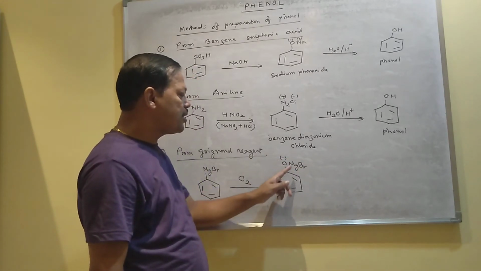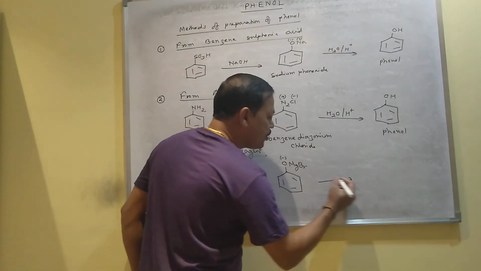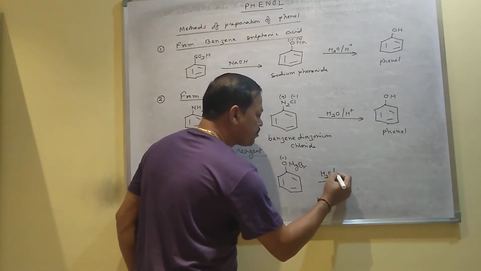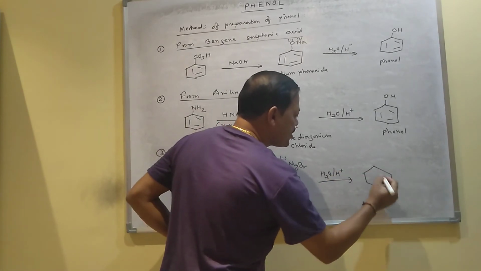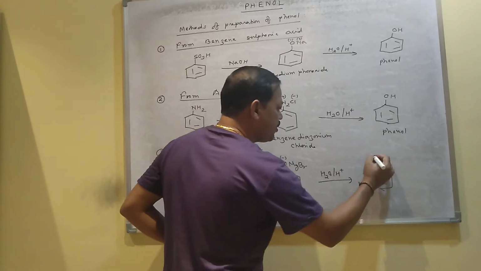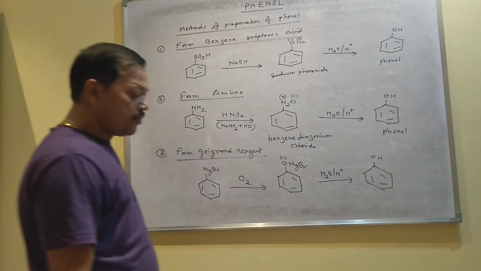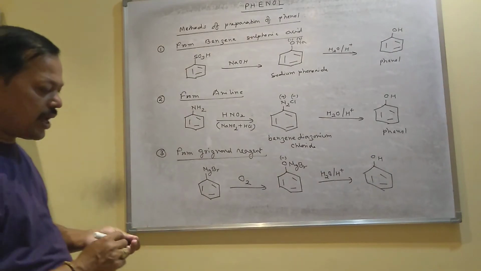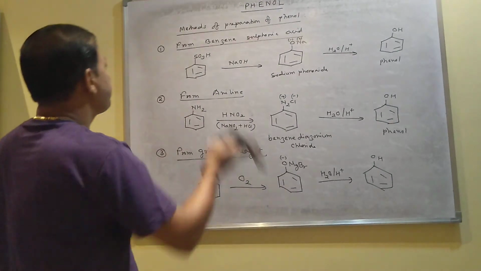After getting this, when you do hydrolysis, it will convert to phenol. I mean MgBr will be replaced by H plus ion from water. So these are the three methods I have given to prepare phenol.